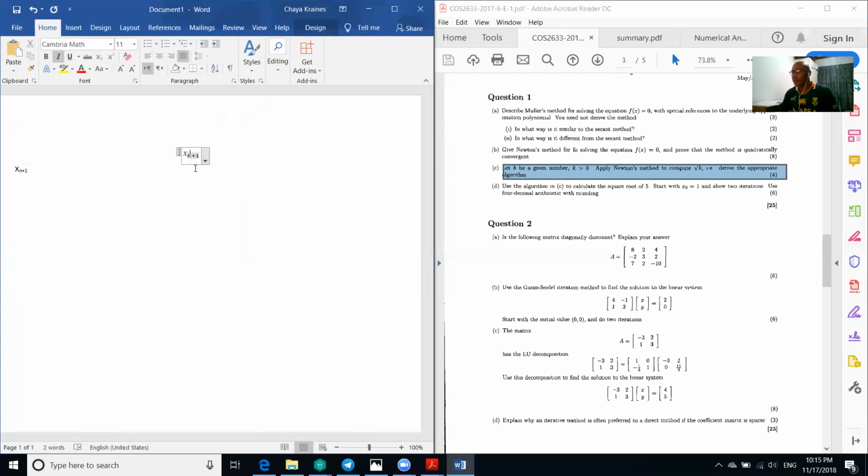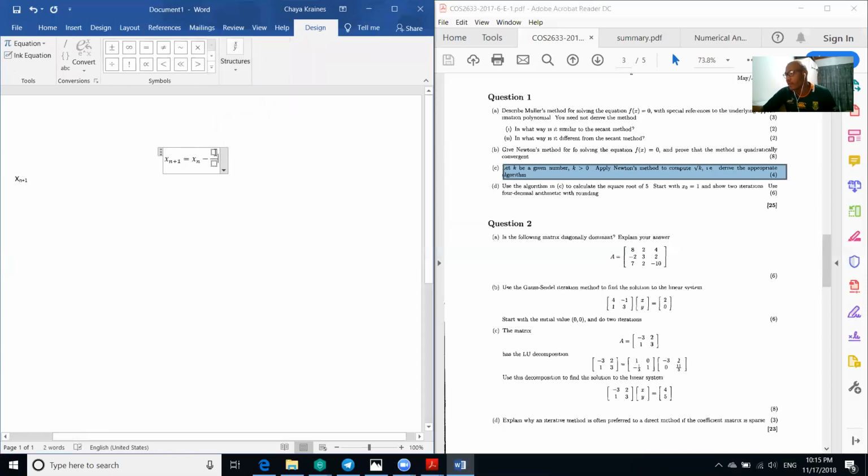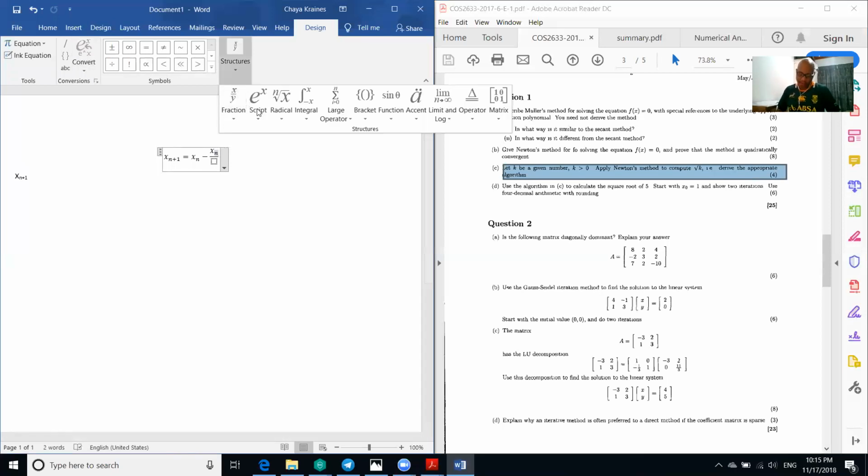Xn equals xn minus xn squared, minus 1. Is it minus 1? Yes, xn squared. I see the equation.